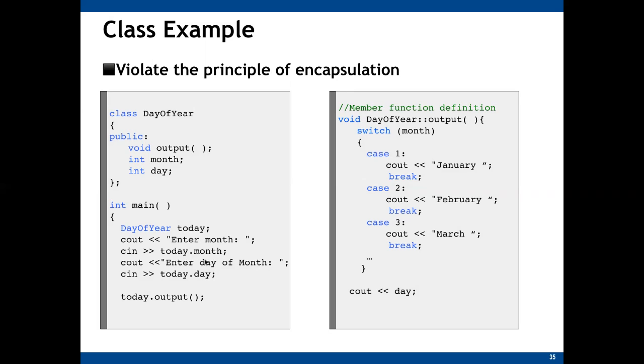And moreover, programmers need to set member variables month and day to make the output functions operate correctly. So if they do not set these month values using this dot operator, this output function will not work correctly because this function depends on this month's member variable's value and the day.